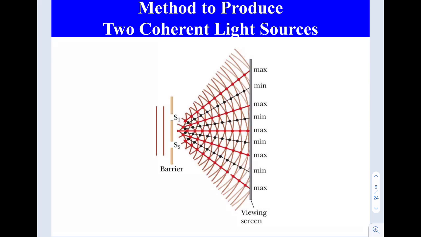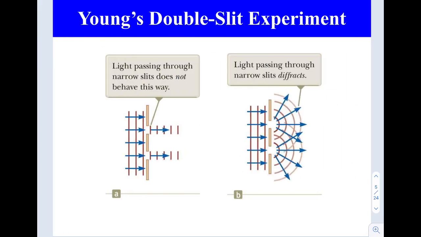Whatever waves come out from S1 and S2 have the same wavelength because they originate from the same wave. This is how we produce coherent light sources that interfere with each other at this region, eventually producing fringes on the viewing screen.